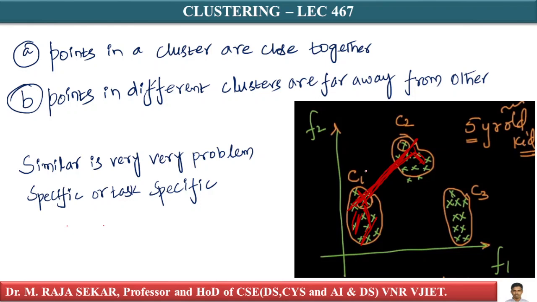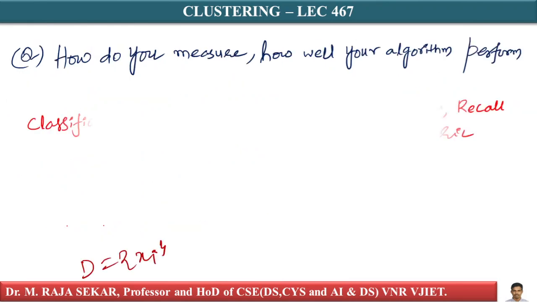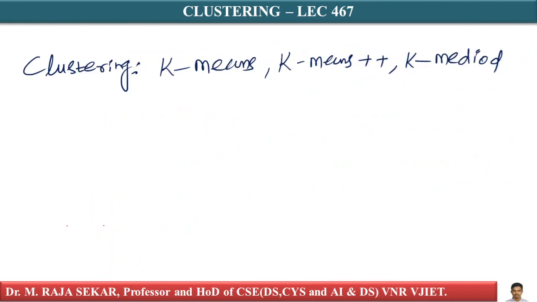We will learn three major techniques for clustering. We learn something called k-means and some variations of k-means, like k-medoid, but k-means is the base algorithm which we will learn in full detail.